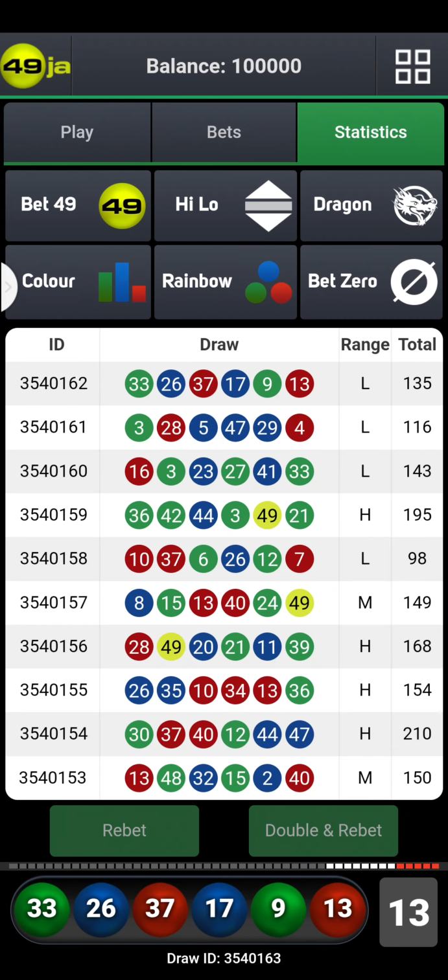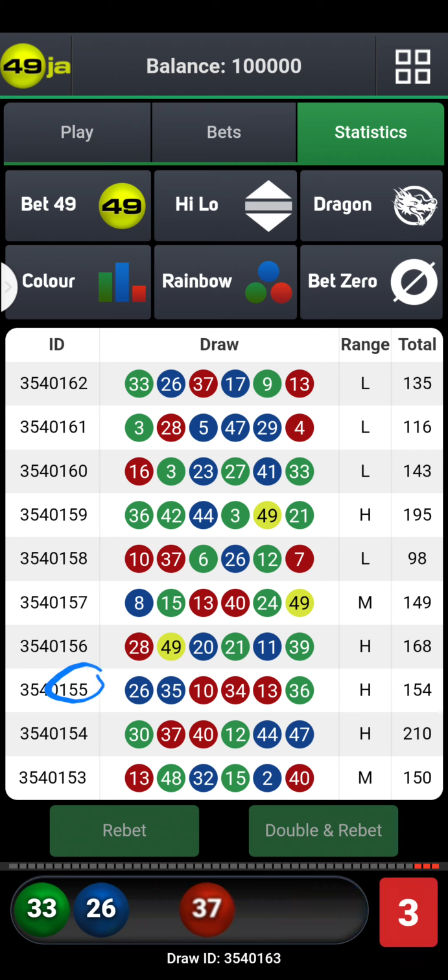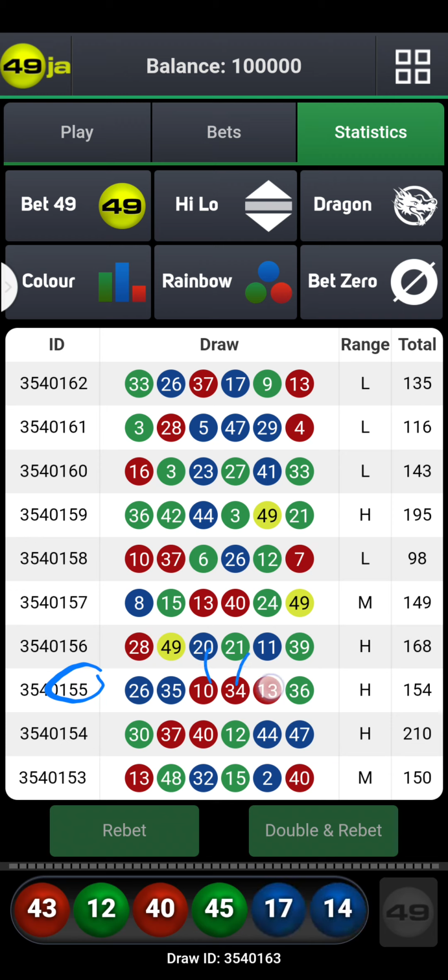Now let's go again. Let's wait for a particular time, but before we are expecting a particular ball to appear at least 3, let's consider bet 155. Now in bet 155 we have three red, 1, 2, 3.